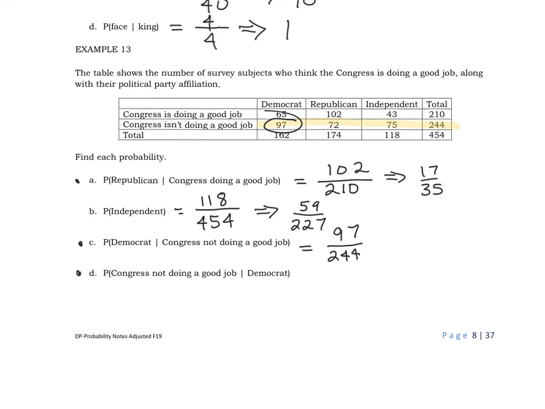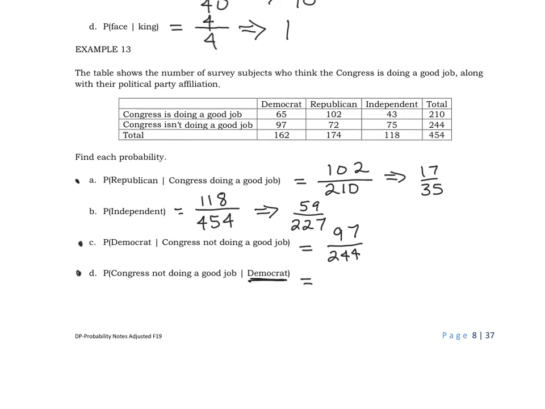All right, a lot of students will say, well, C and D are exactly the same thing. Are they, though? I don't think they are. So remember, the condition is going to change the number of outcomes. So in this case, we're looking at the category of Democrats.